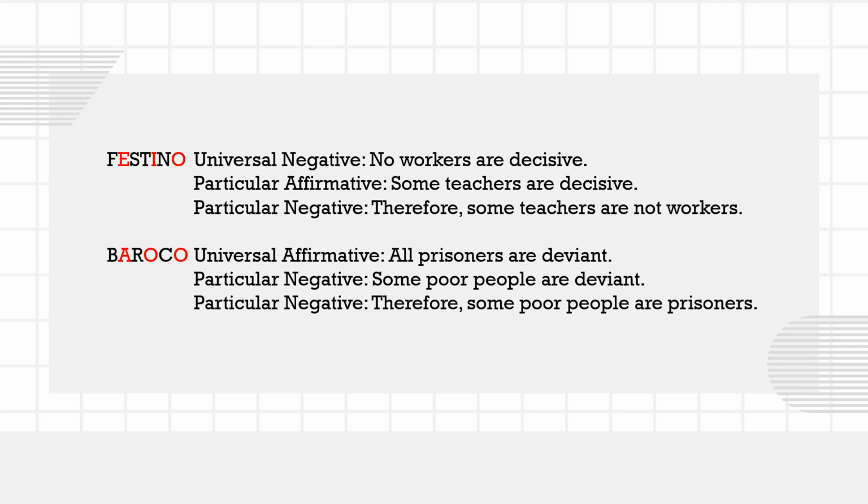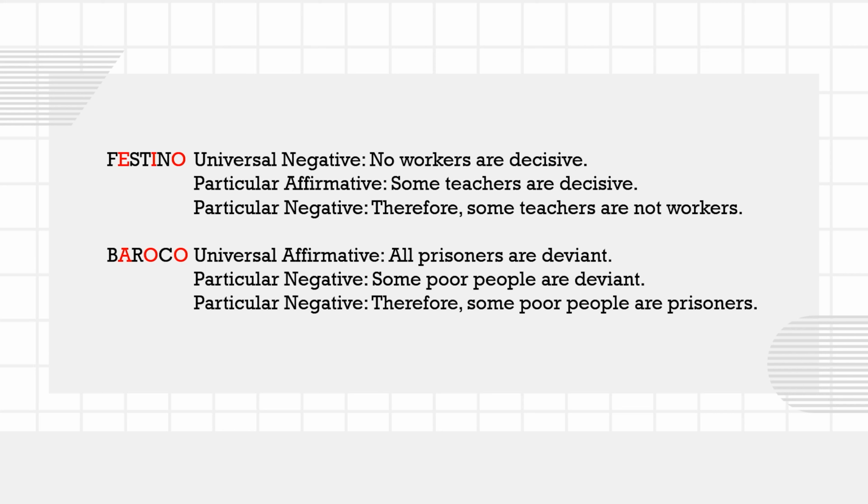It starts with the universal affirmative premise that all prisoners are deviant. Subsequently, it presents two particular negative premises, asserting that some poor people are deviant, and consequently concluding that some poor people are prisoners.